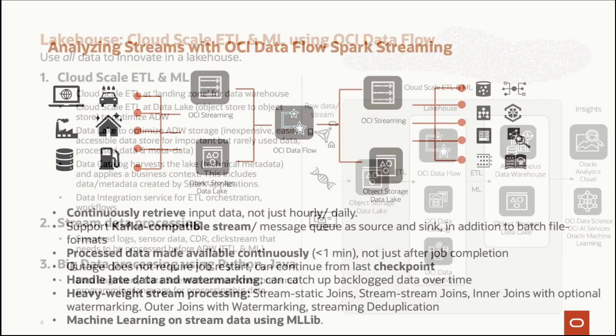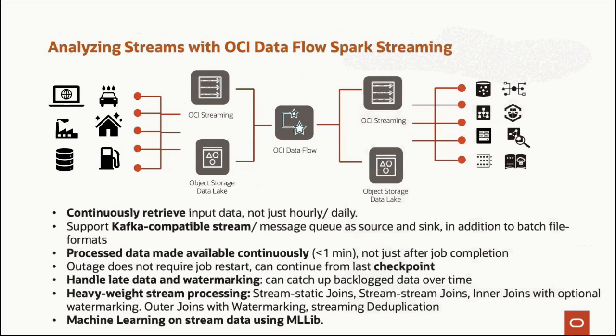Now, if we zoom into the Data Flow specific piece of the architecture we just showed, you'll see that it can use OCI Streaming and Object Storage or the data lake as sources. And OCI Streaming as a source was not supported until recently. So that's great, so that you can now process stream data.